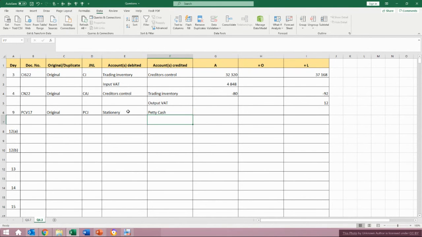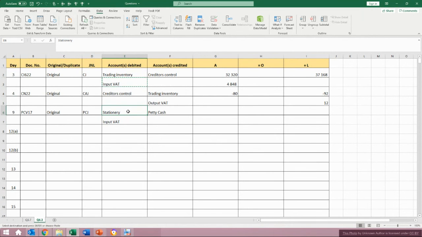Yes, we have VAT on stationery. Now, because it's the expense, we claim the input VAT back from SARS. So input VAT is an asset, so we're increasing it by debiting it. Okay, so now we've got the accounts for our entry.